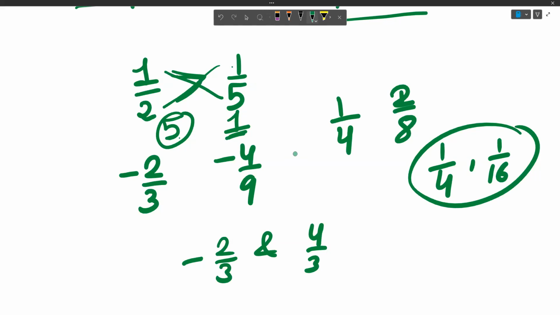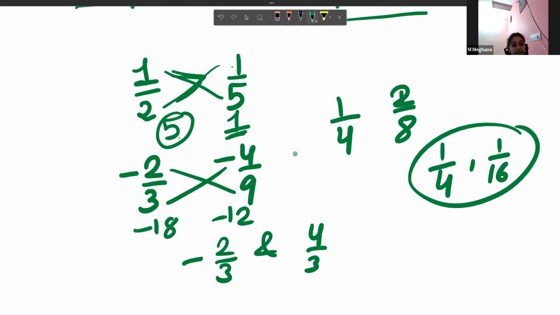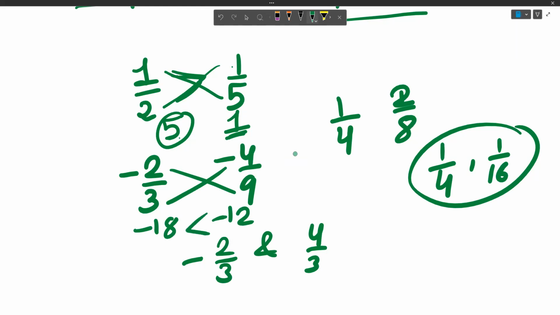If I say -2/3 and -4/5, cross multiply: -10 and -12. Which number is greater? Meghna? -10 is greater. Okay. If I say 1/4 and 2/8, which number is greater?